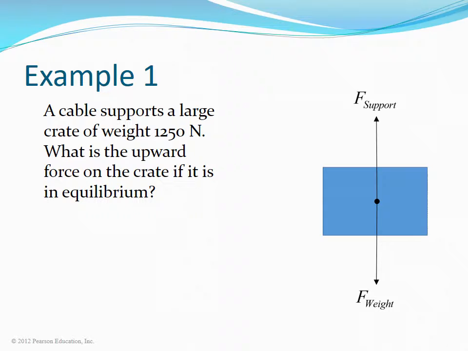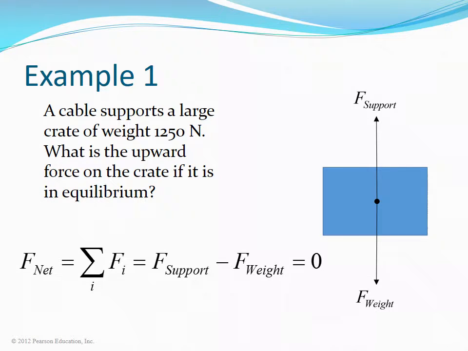We sum the forces, F support minus F weight, and since the crate is in equilibrium, the sum must equal zero. We solve the equation for F support and find the support force is equal to the weight and must be 1,250 newtons.